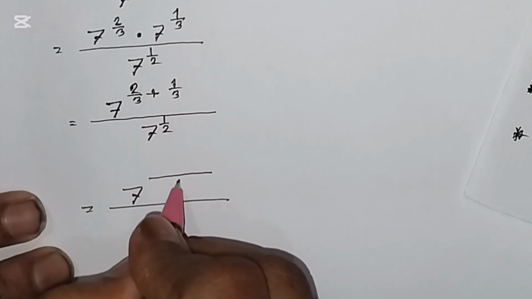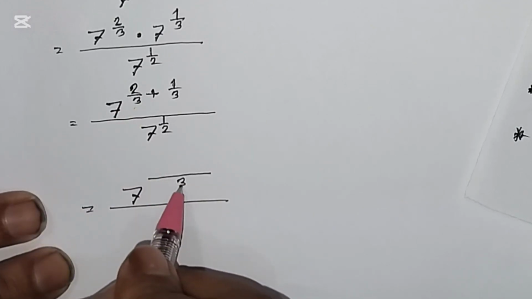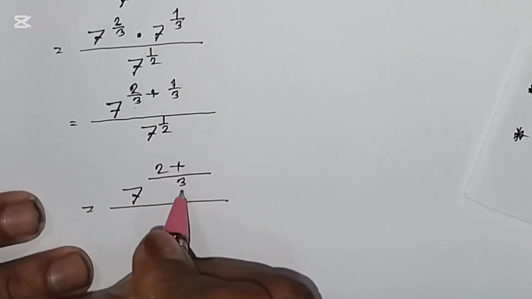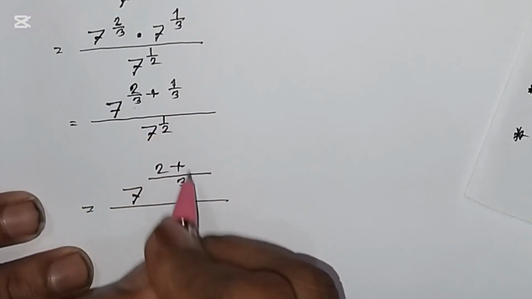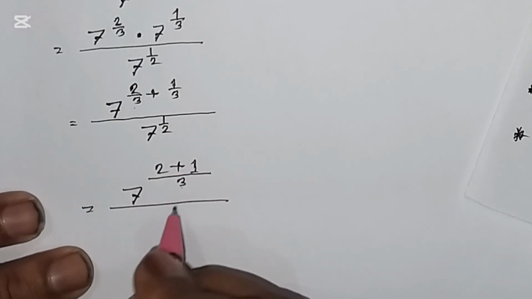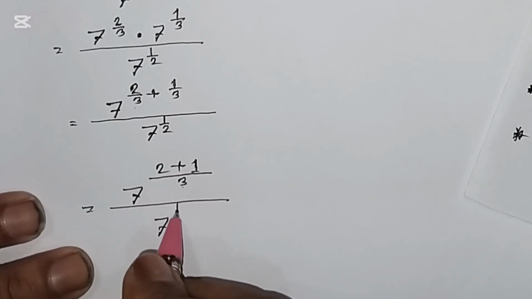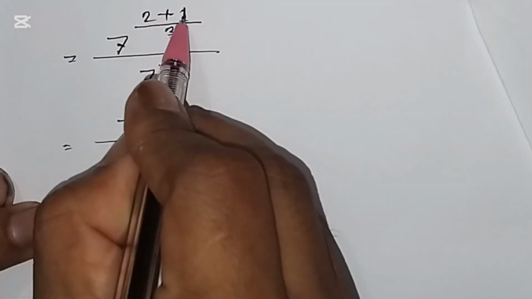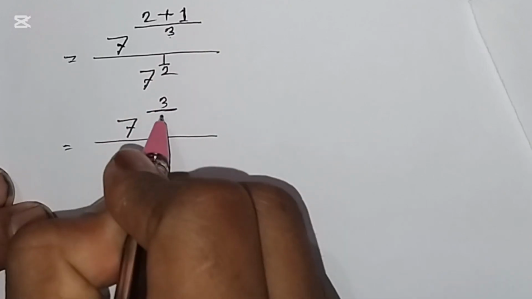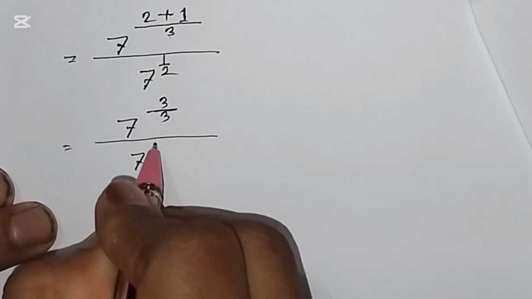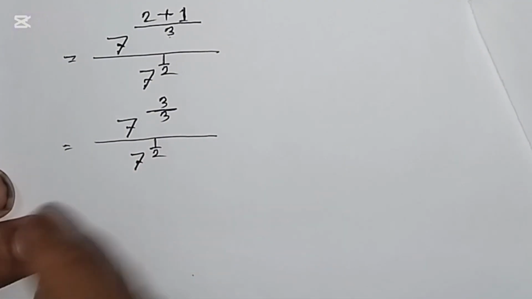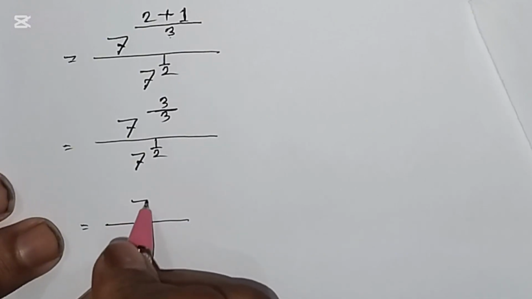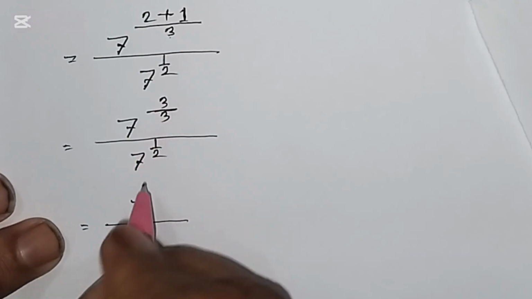Here the LCM value is 3. 3 divided by 3 equals 1, 1 multiply 2 equals 2, plus 3 divided by 3 equals 1, 1 multiply 1 equals 1, by 7 power half. 7 power, here the added value is 3 by 3, by 7 power half. 7 power 3 divided by 3 equals 1.